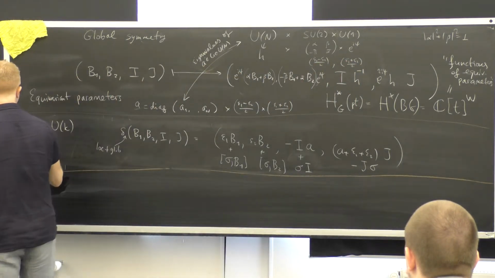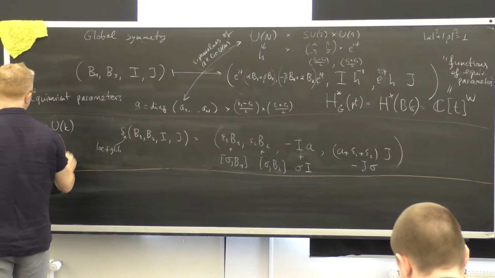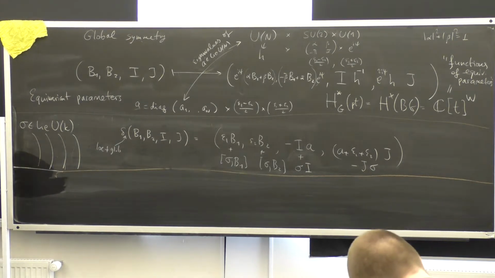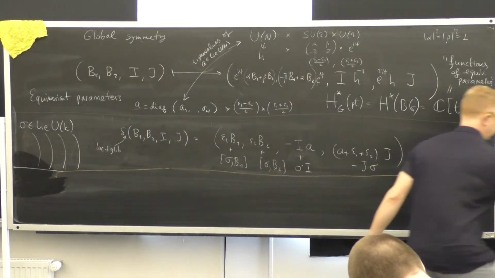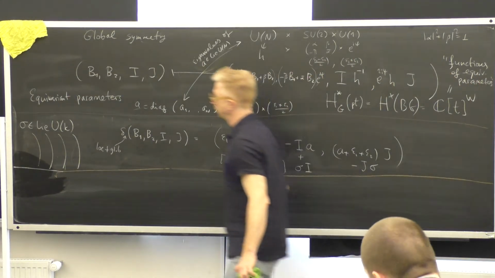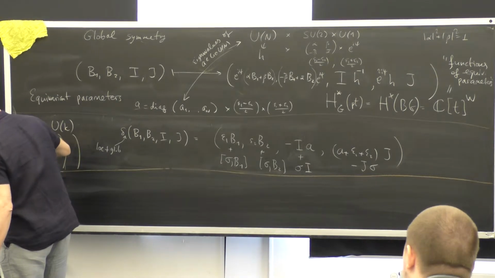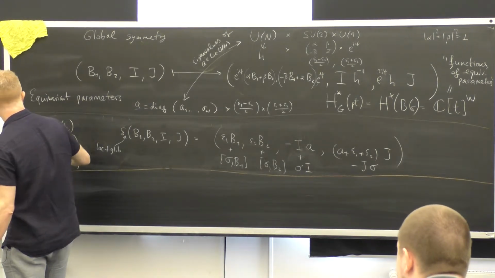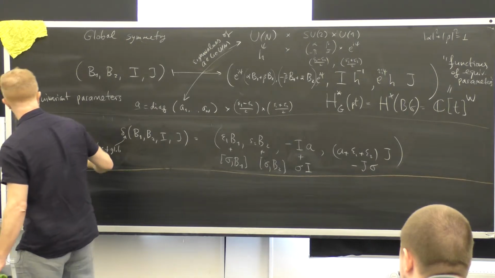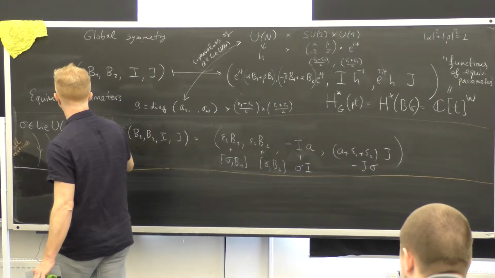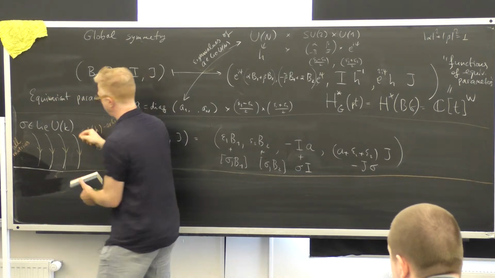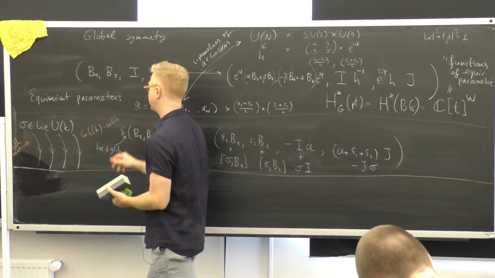So the geometric picture is the following. This is my ambient space, the space of all matrices. And here are the orbits of the group GLK, or if you like UK, it doesn't really matter for the argument.